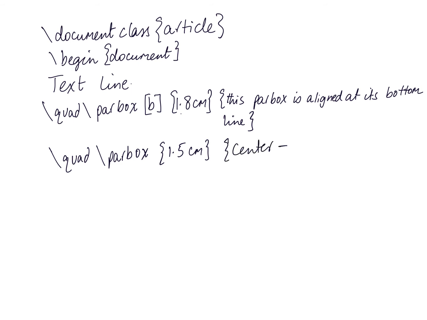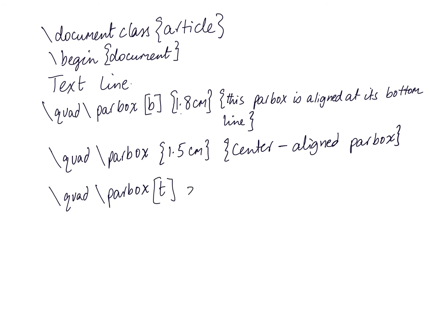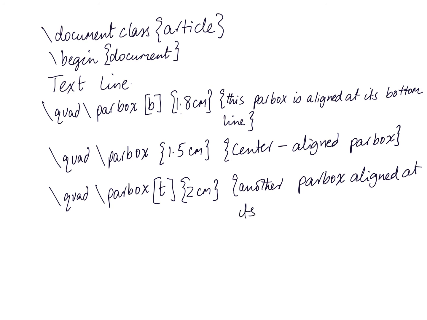Center aligned paragraph box. T means top, 2 cm. Another paragraph box aligned at its top line. And end document.